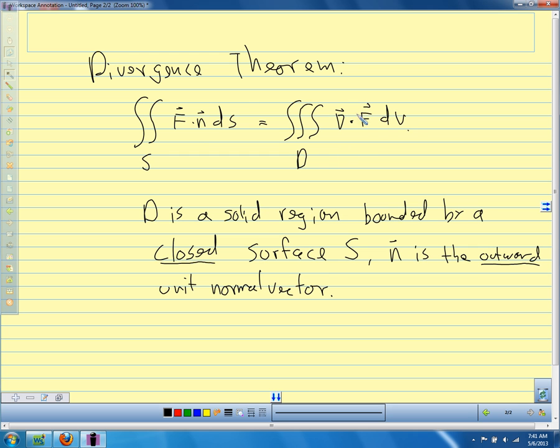Triple integrals are usually fairly easy. We have a solid region, we project that onto our coordinate planes and find our limits of integration. So triple integrals are usually a little easier to evaluate than surface integrals.